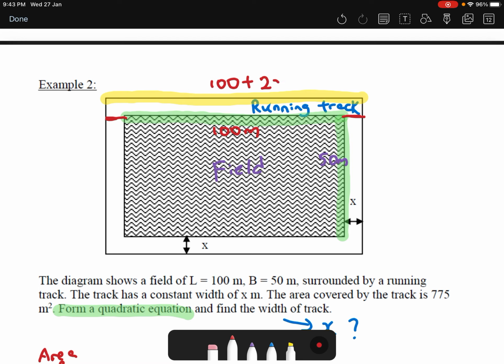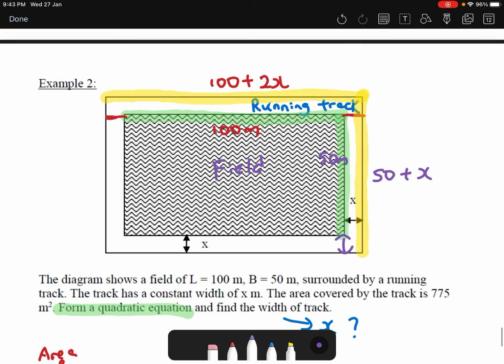And of course the breadth we also need to find. The breadth has a width of 50 plus x, because here is x and here is also x, so x plus x is 2x. So 50 plus 2x.